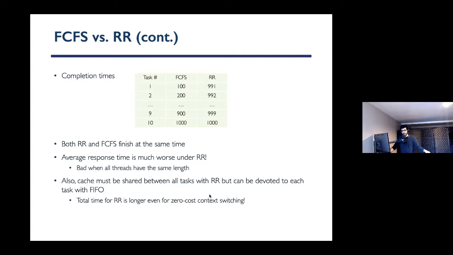One other problem that you might face in real systems with round robin and really short time quanta is the issue of cache reuse. So what is cache reuse? As we will discuss a lot more in future lectures, the memory is hierarchical.